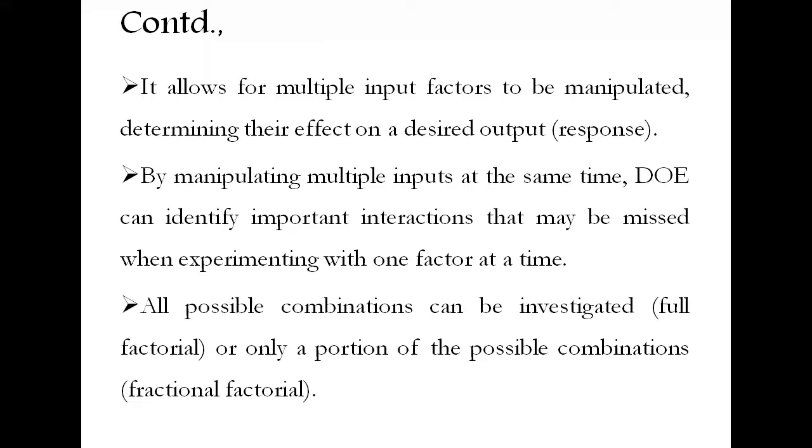So with the support of design of experiments, we involve a number of input parameters. We can easily find out interactions between the input parameters. Based on the input parameters, finally we get the output responses. All the possible combinations can be investigated, which is full factorial, or only a portion of the possible combinations, which is fractional factorial.